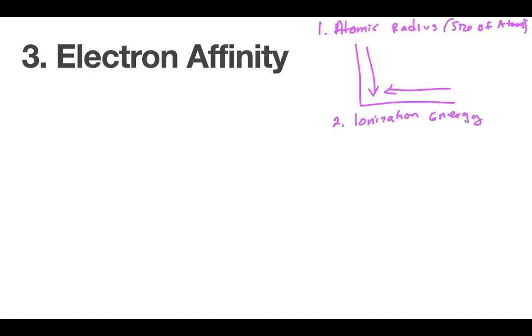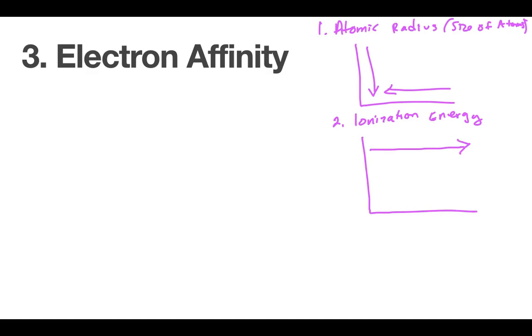And just to remind you, that is the energy required to remove an electron from a neutral atom. And ionization energy increases going from left to right, which means it becomes more difficult to remove an electron.